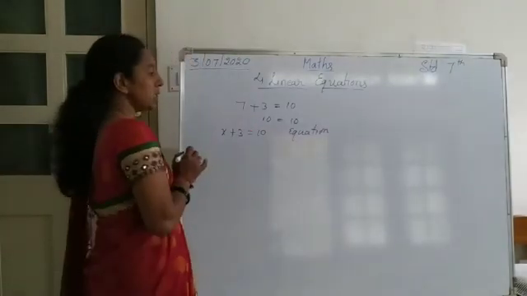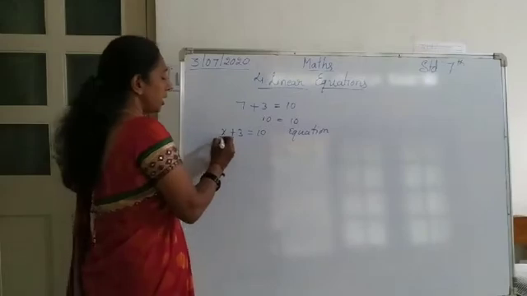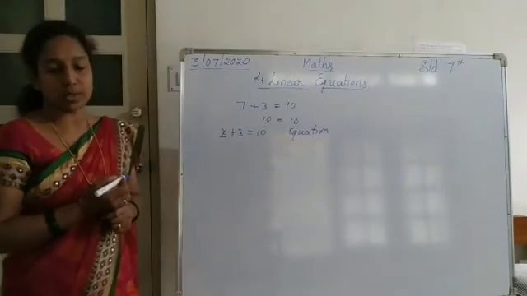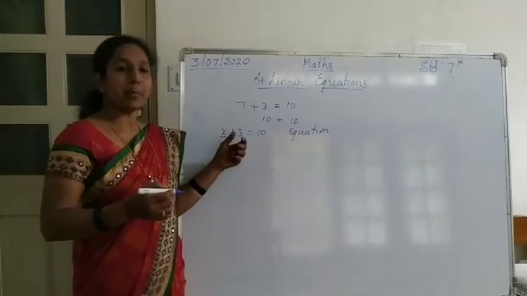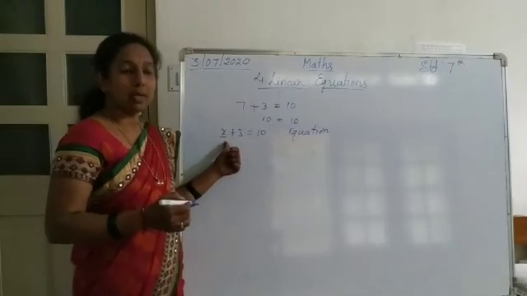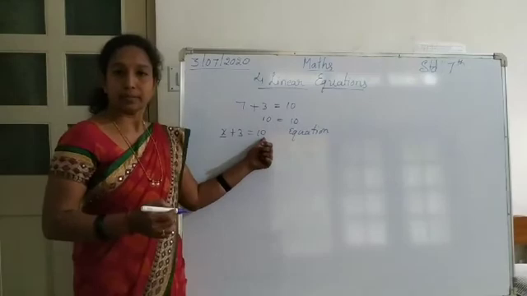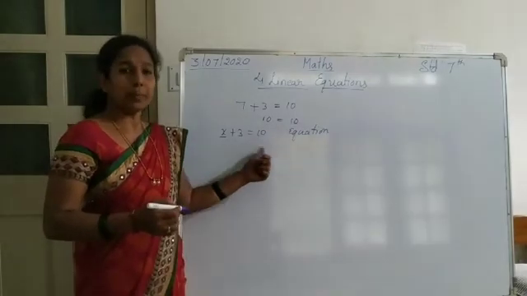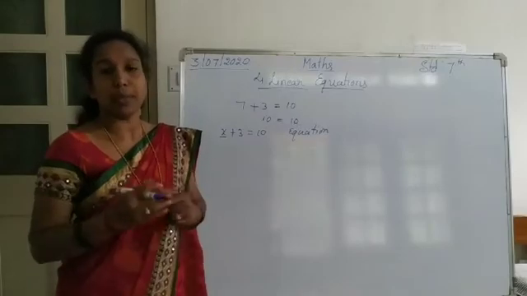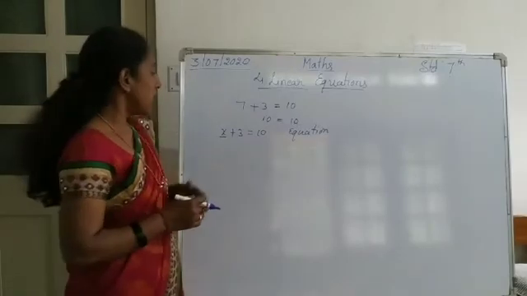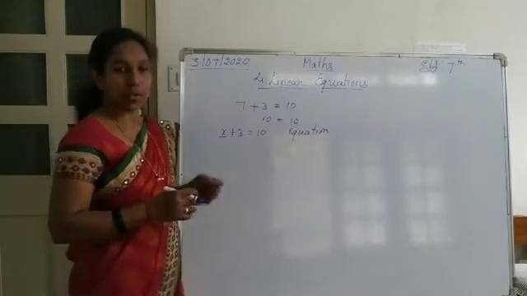Because the variable x is introduced here. It may not be correct, because if I put the value of x as 1, then I will not get 10. Sometimes it might be correct for some values. So this is called the equation.